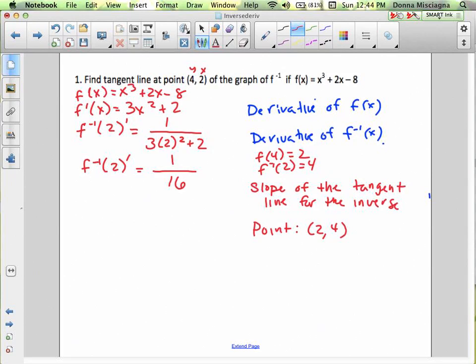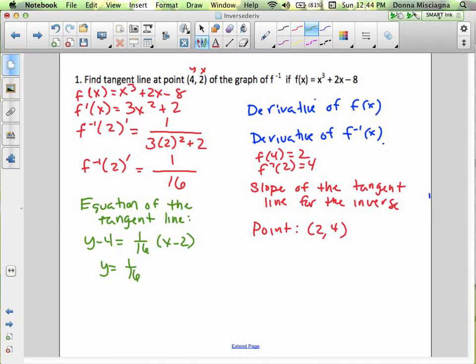All right, so that means our equation of the tangent line is going to be y minus 4 equals 1/16 (x minus 2), or y equals 1/16 (x minus 2) plus 4. Right? And there we go.